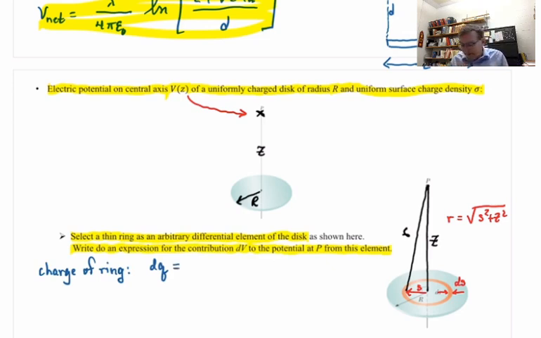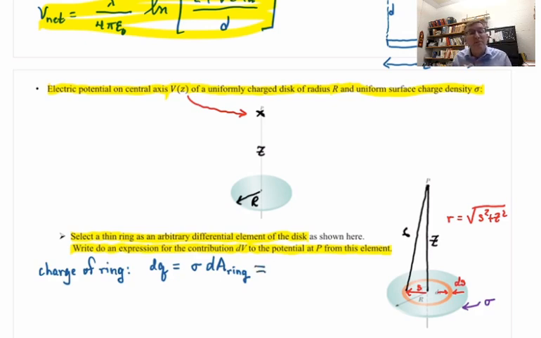Don't make it too complicated. You can see the little ring there, it's shaded in orange. Remember, this disk in general has a uniform charge per unit area sigma all over its surface. So, to get the charge of that highlighted ring, I would take the sigma for the disk, the charge per unit area, and I would multiply it by the area of that highlighted ring, and I'm going to denote that dA ring. That's the area of the highlighted ring.